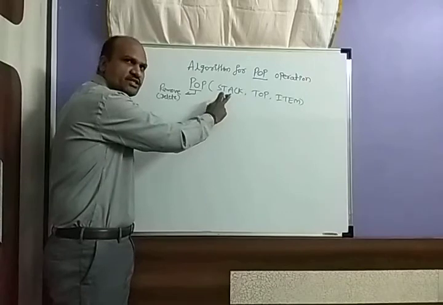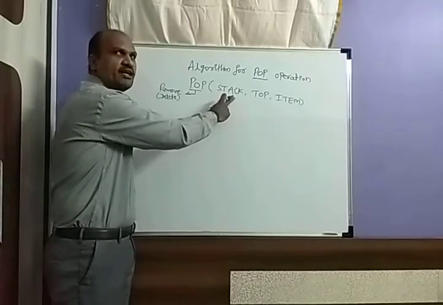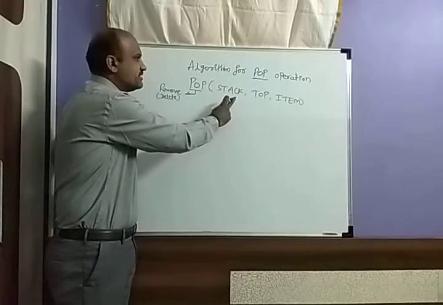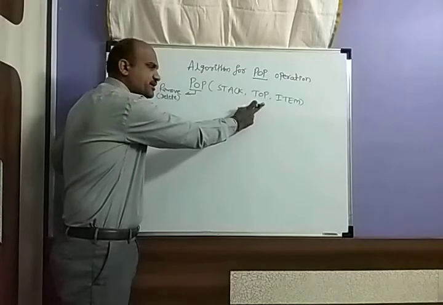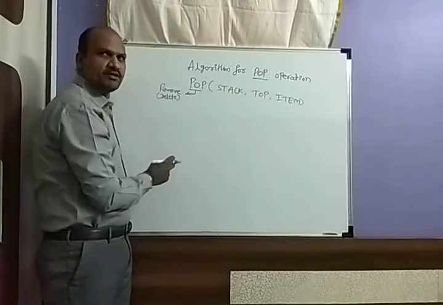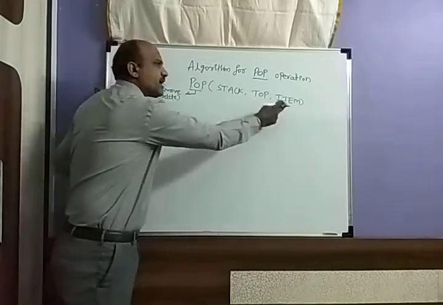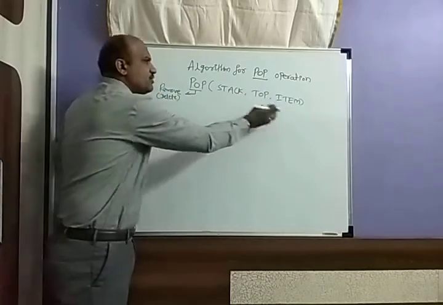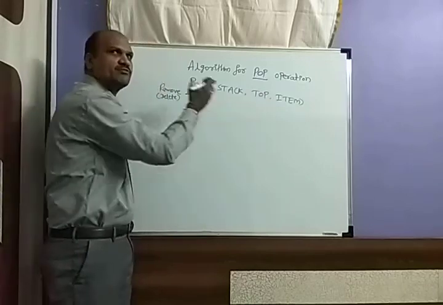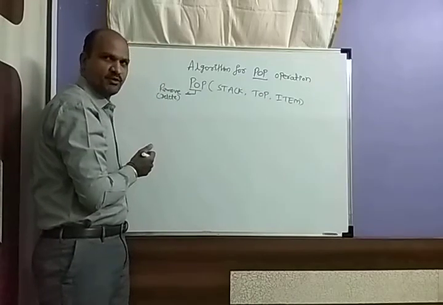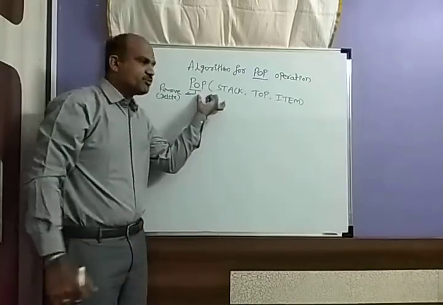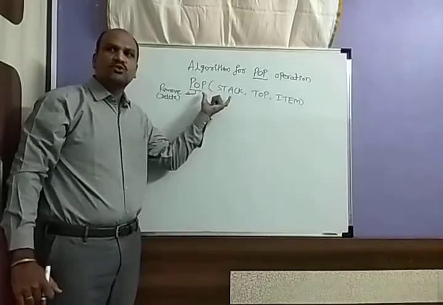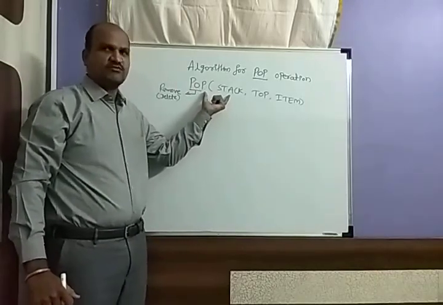As I told you, the stack is the array that contains n elements, then the top is the pointer to the top element of the array, then you have item, which is the item present in the stack. Now it is already existing items that we are removing. So this procedure is to delete the top element of the stack.